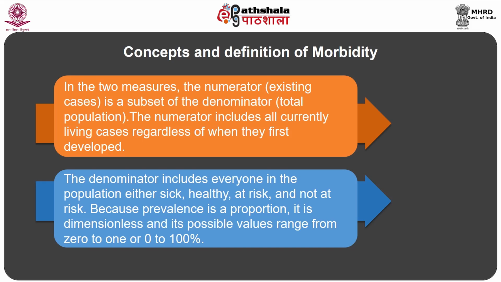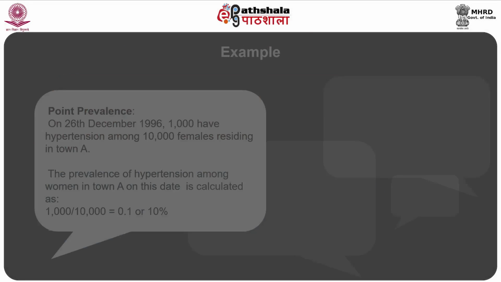The numerator includes all currently living cases regardless of when they first developed. The denominator includes everyone in the population, either sick, healthy, at risk and not at risk. Because prevalence is a proportion, it is dimensionless and its possible value ranges from 0 to 1 or 0 to 100%.